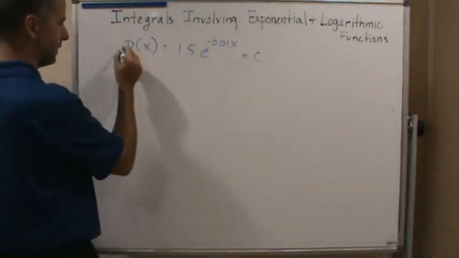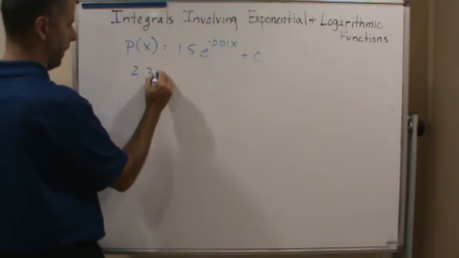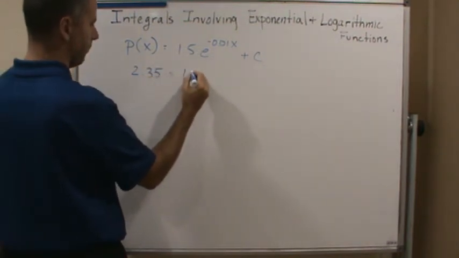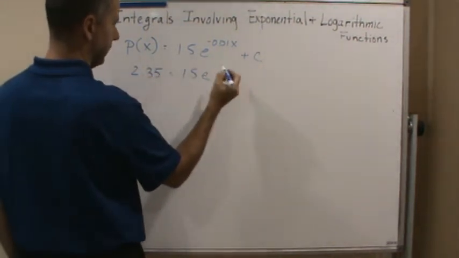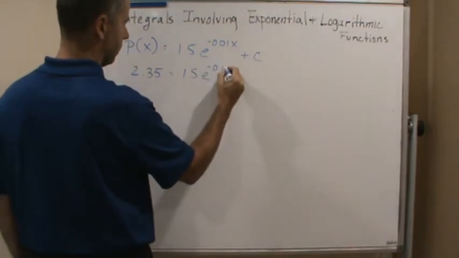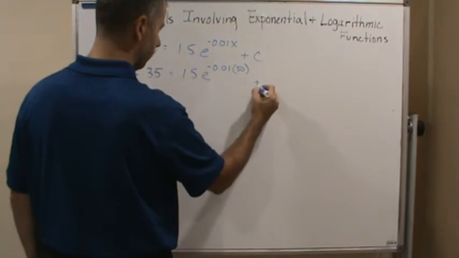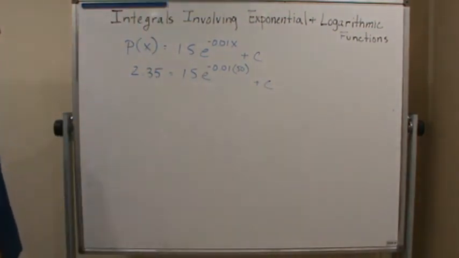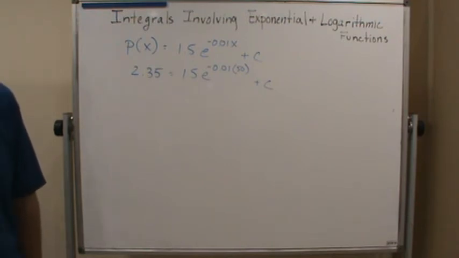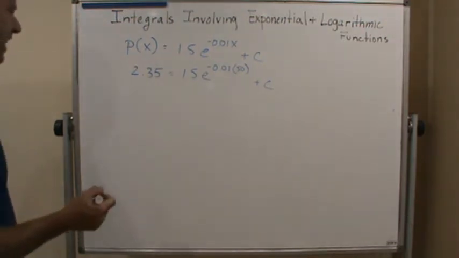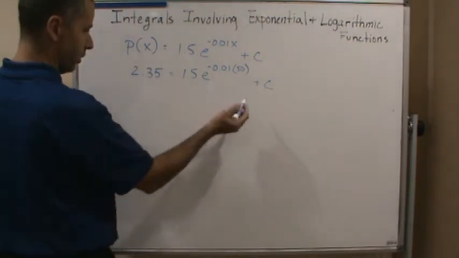So p of x is 2.35, and x is 50. Now in this case you have to use your calculator. So in this case I'm going to solve for c.